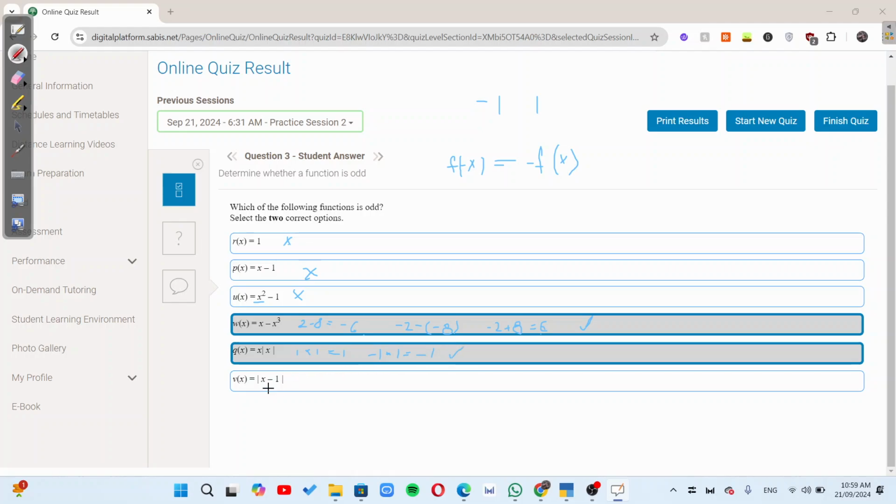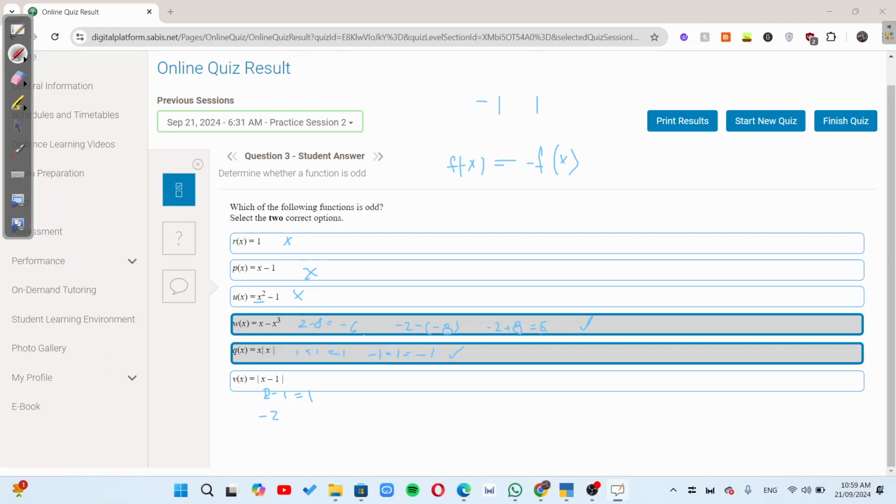Here, you can't say it's even or odd. It's none. Because if you put 1 here, 1 minus 1, actually let's try 2 to make it a better example. 2 minus 1 gives you 1.